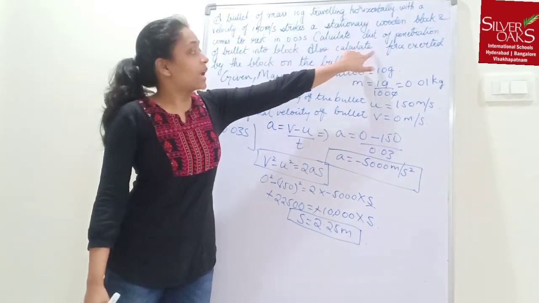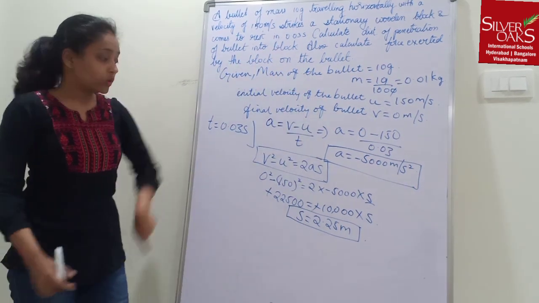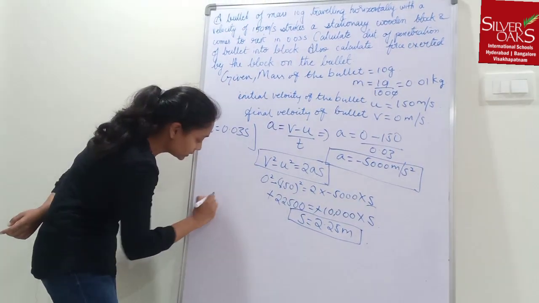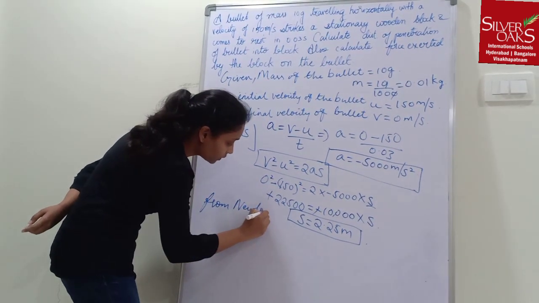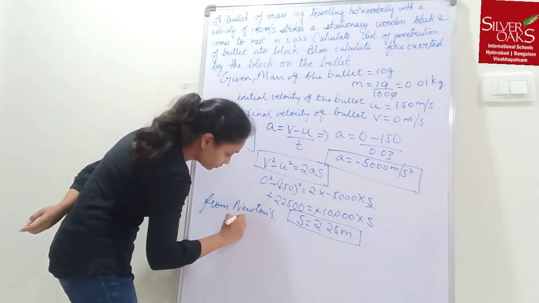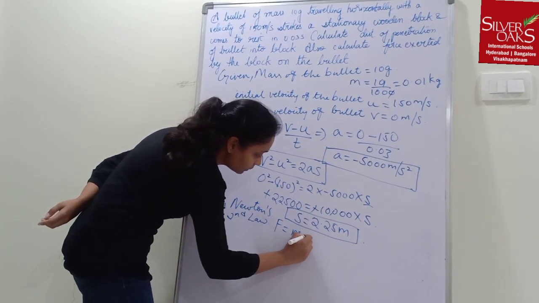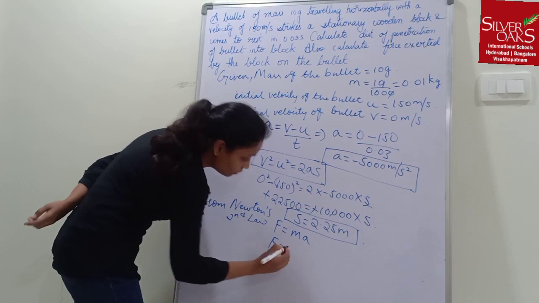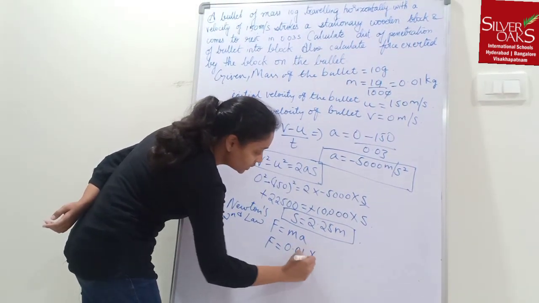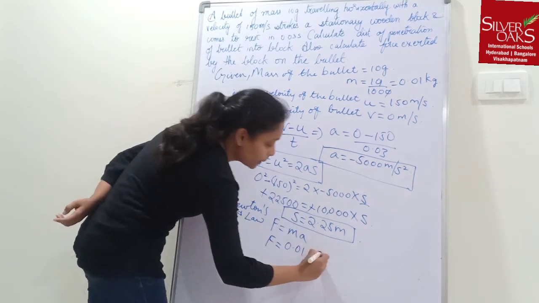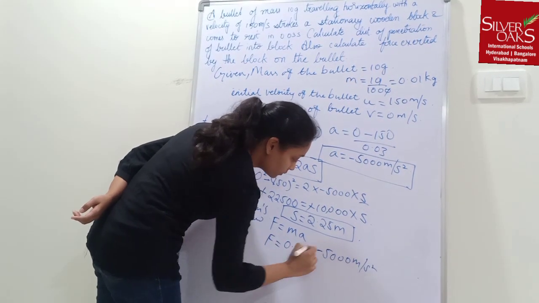Second part is to calculate the force exerted by the block on the bullet. We have to calculate the magnitude of force. From Newton's second law, we have F is equal to ma. So mass of the bullet is 0.01 kg into acceleration minus 5000 meters per second square.